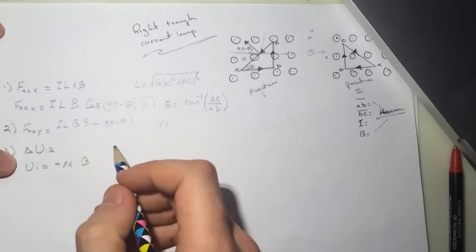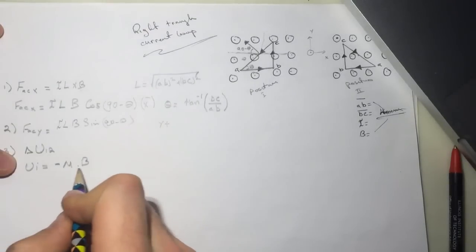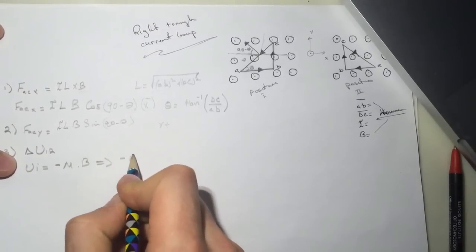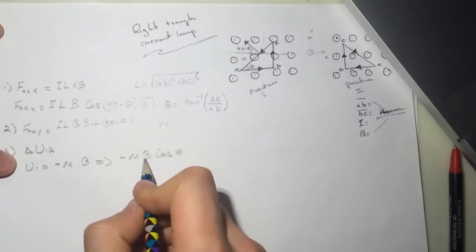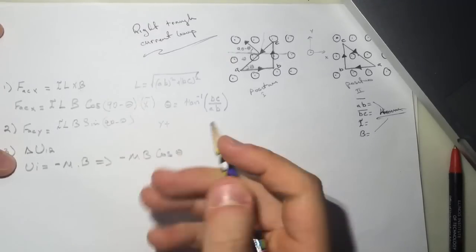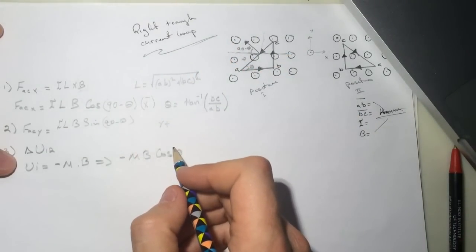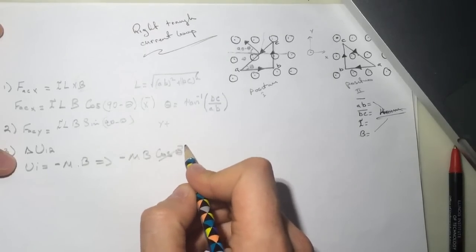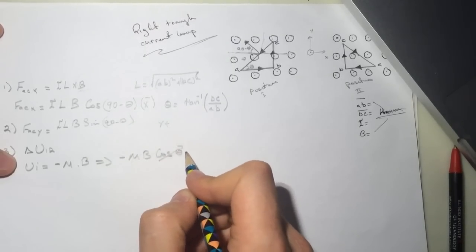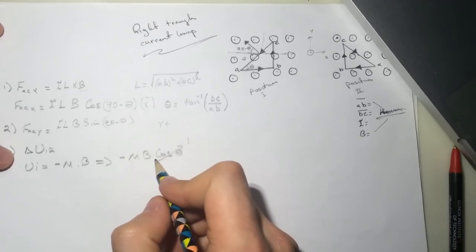So it's going up, and the magnetic field is pointing up too. So we can write this as μ times B times the cosine of theta, the angle between B and μ. Both of them are in the same direction, so theta will be equal to 0, and cosine of 0 is 1.